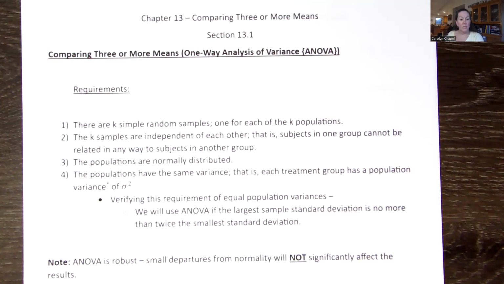The populations are normally distributed. To do that, again, we want to make sure to have large enough samples, or make sure that we look at the curves and see that they are somewhat normal. Try to avoid outliers, because outliers could affect that normality. We want to make sure that they all have the same variance. The way we will do that is we will look at the variance of each of our samples and just make sure that there isn't one that is twice the smallest.